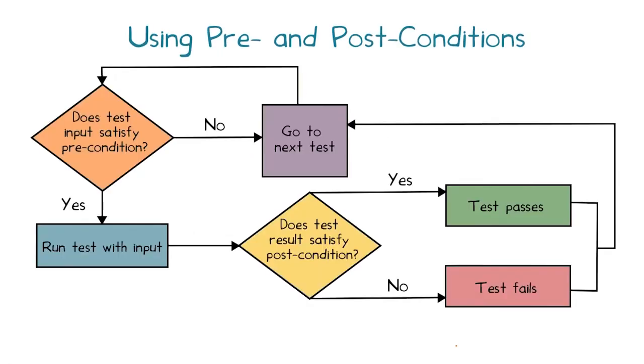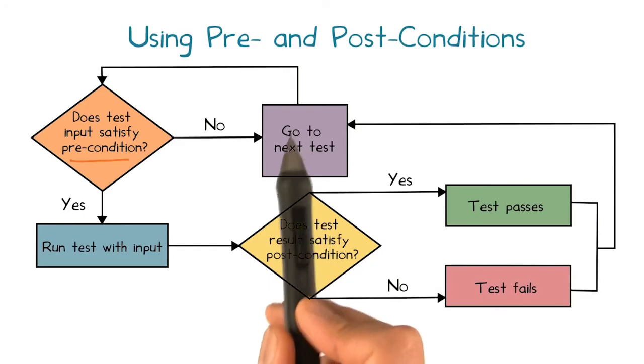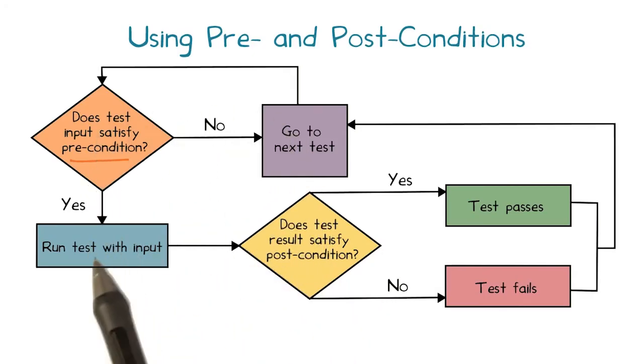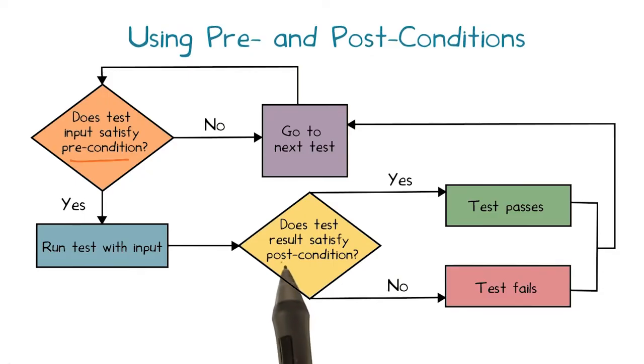The process of using pre- and post conditions in testing is straightforward. To perform a test, we first check that the test input satisfies the precondition. If it does not, then we skip the test and go to the next one. If it does, then we run the test with that input and then check that the output of the test satisfies the post condition.